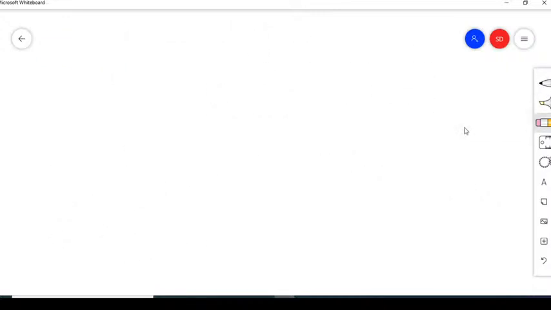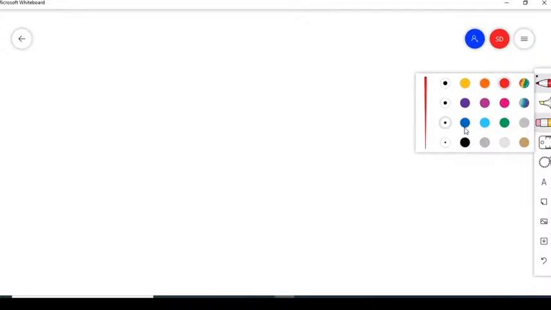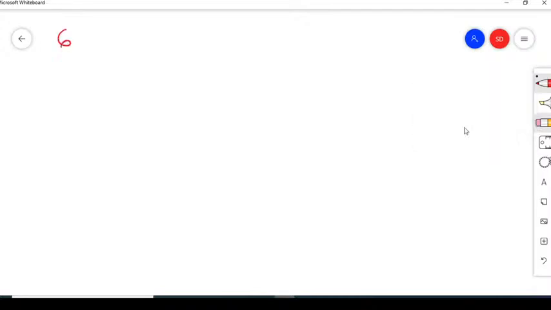Okay, let's do the next one. Six subpart 2. 8 to the power 4. So it does not mean 8 into 4. This is incorrect.